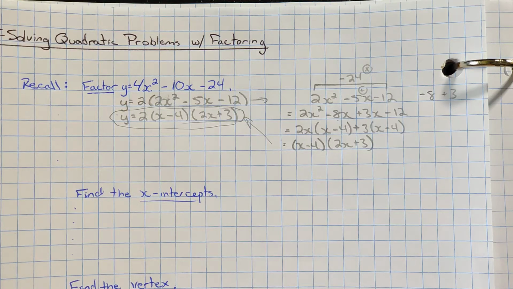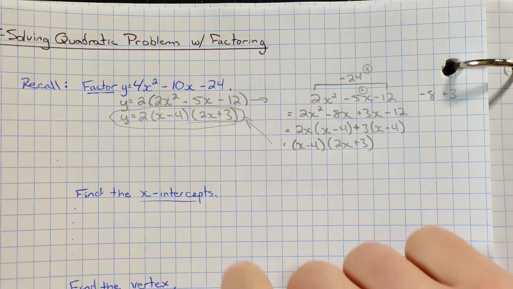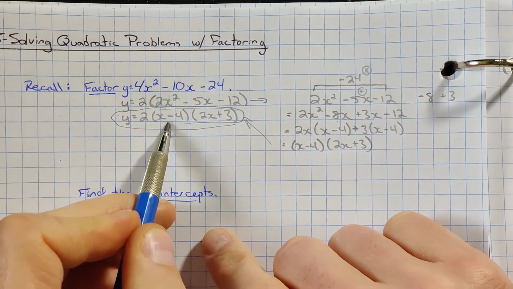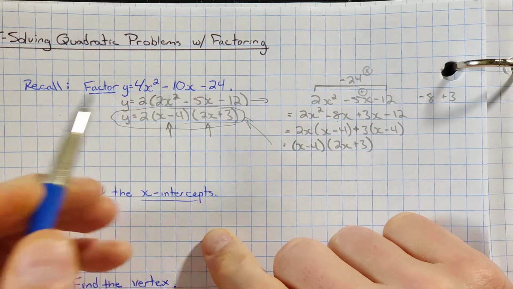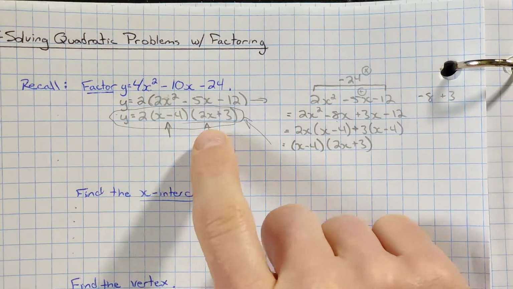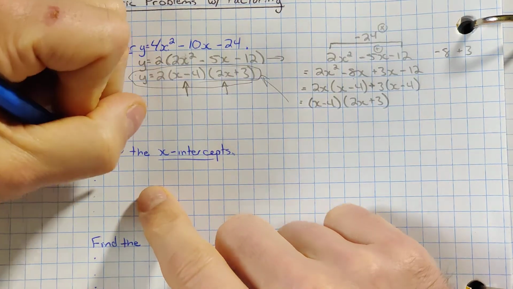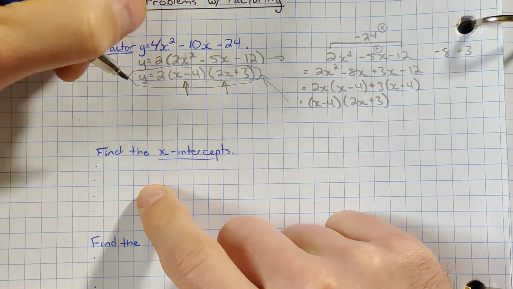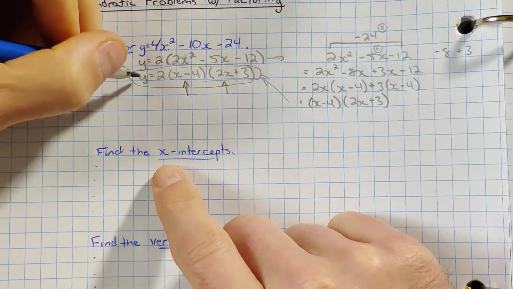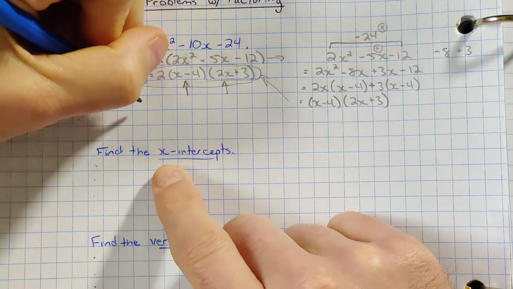Now that we've factored that, we can use it to find some information, such as the x-intercepts, and then once we know the x-intercepts, we can find the vertex. When we're finding the x-intercepts, our only focus is on these bracket portions. We're going to set each of those equal to 0. So we'll come down here. When we're solving for x-intercepts, the y value is 0.